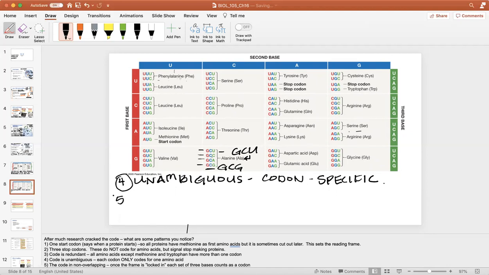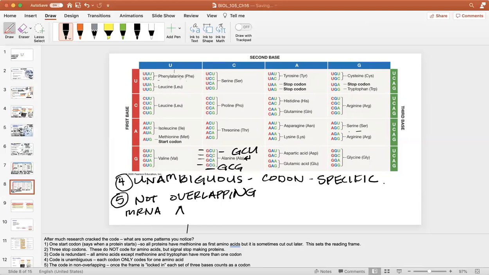The next thing I want to tell you is it is not overlapping. So let me show you what I mean by that. So I'm just going to make a little short strand of RNA, okay? So I'm going to make up a short strand of mRNA code, okay?